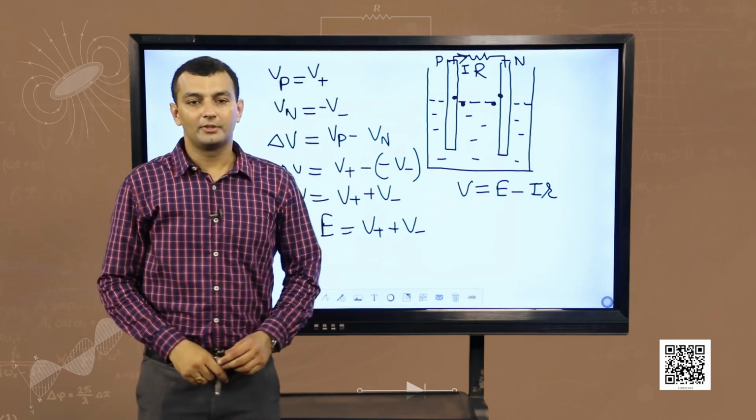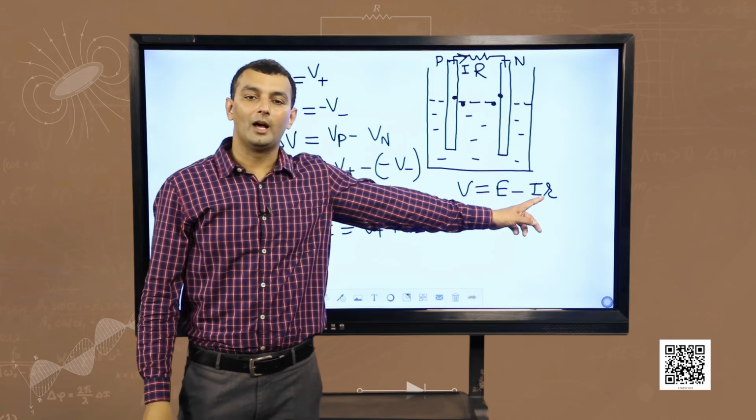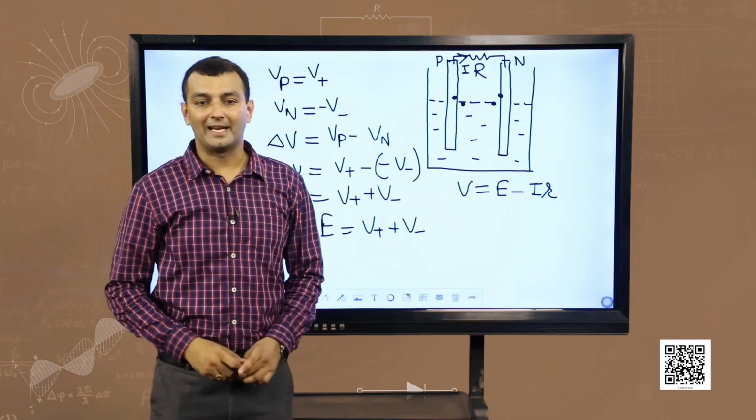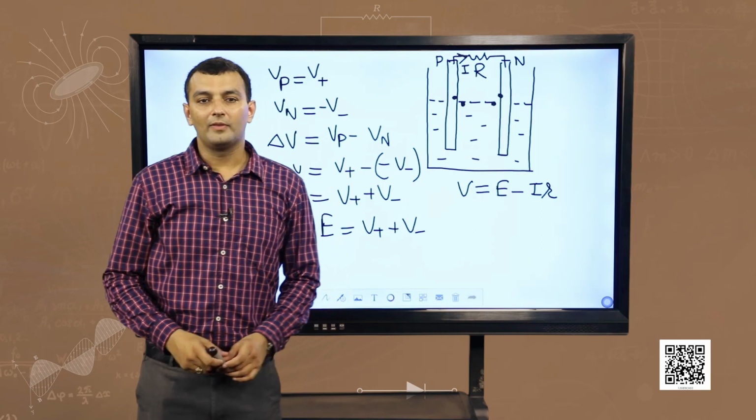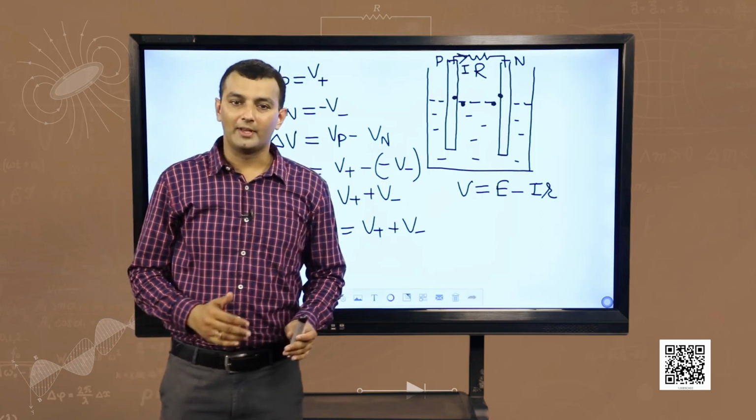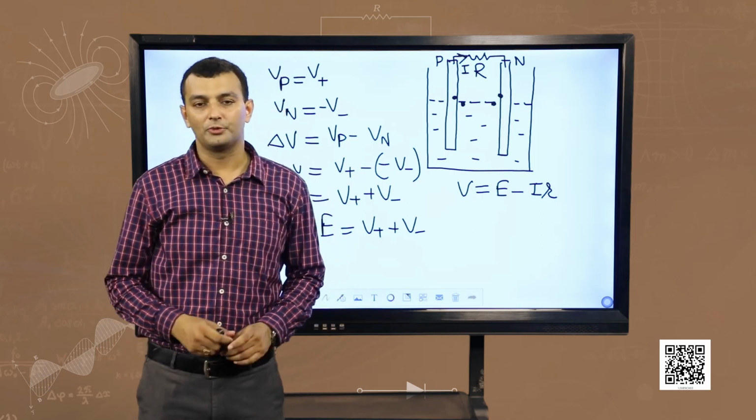In practical calculations, the internal resistance small r of the cells in the circuit may be neglected. The actual values of the internal resistances of cells may vary from cell to cell.